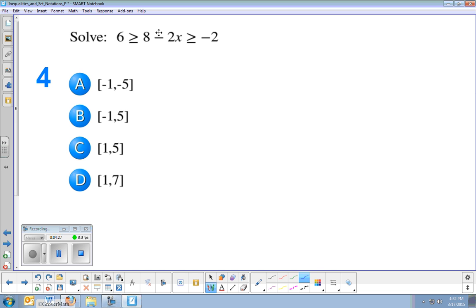First thing, I'm trying to get just x alone in the middle here. So I need to first minus 8 away, and I do that on both ends. It's almost like solving two equations at once, where you can divide both of them by 2 kind of thing. That's kind of what we're doing here. So minus 8 everywhere, that'll get us -2.